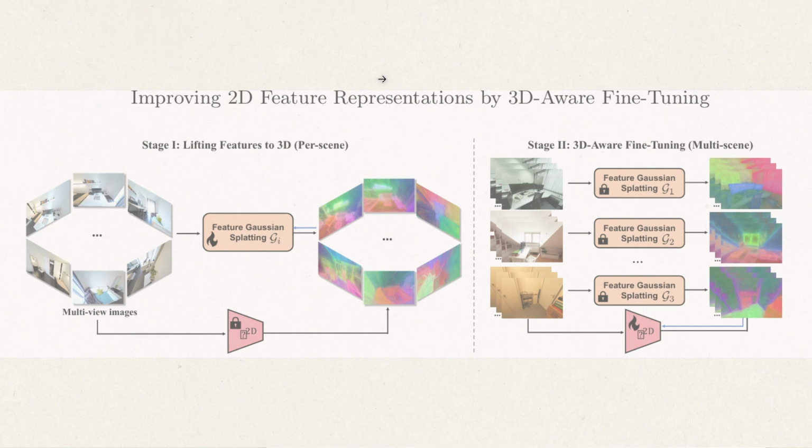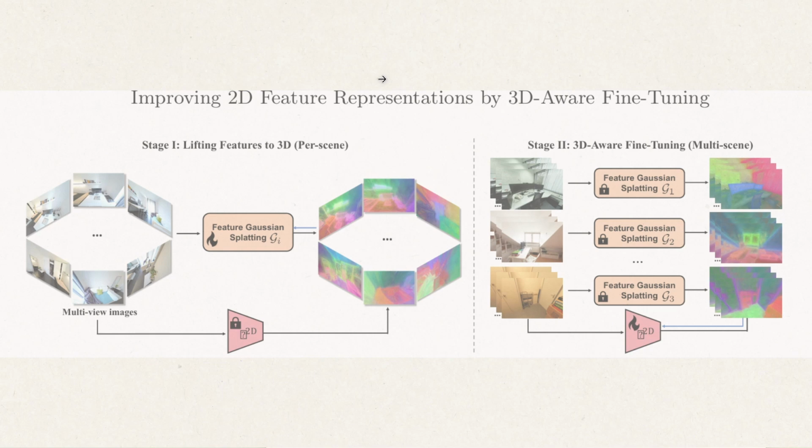They see textures, edges, and objects, but not necessarily the structure of the world in 3 dimensions. Now, the big question is, can we take these great 2D models and gently nudge them toward 3D awareness without changing their architecture or retraining them from scratch?